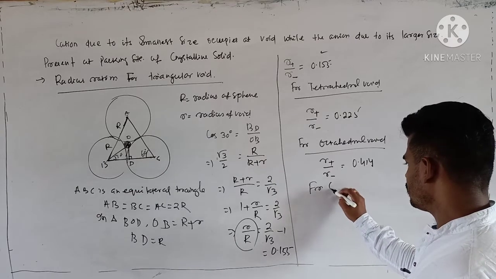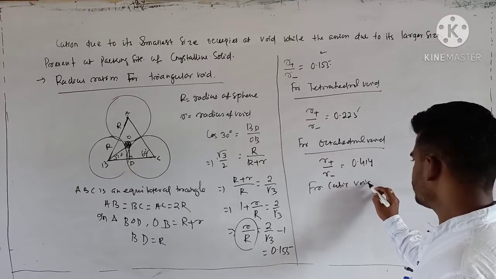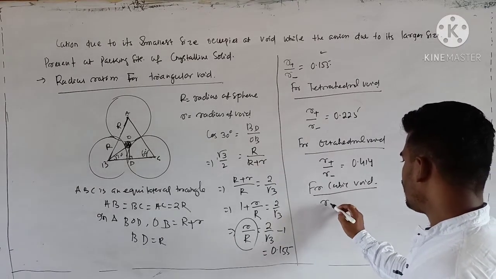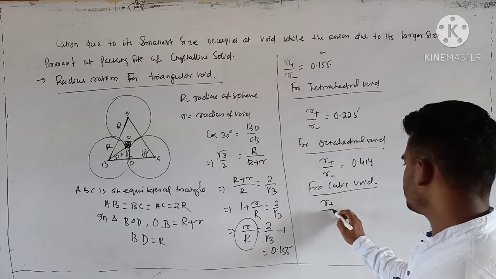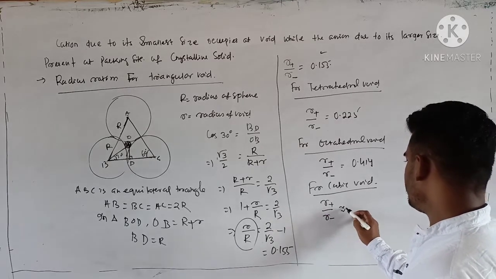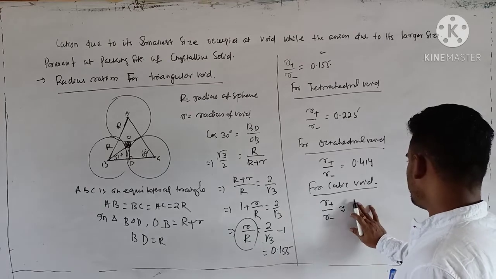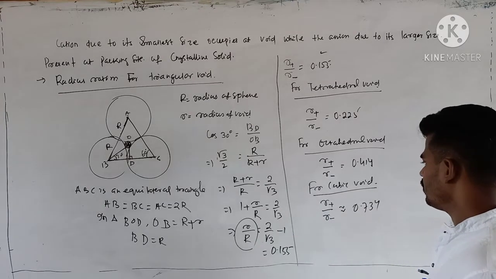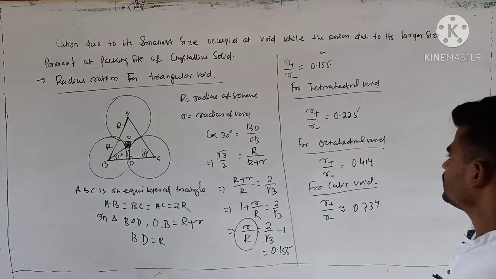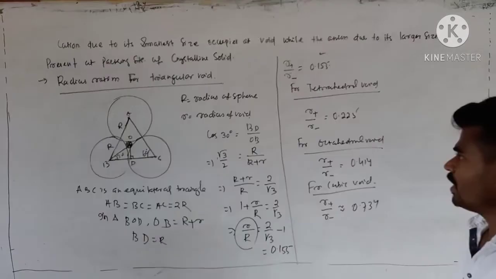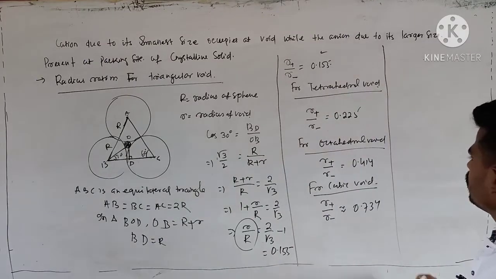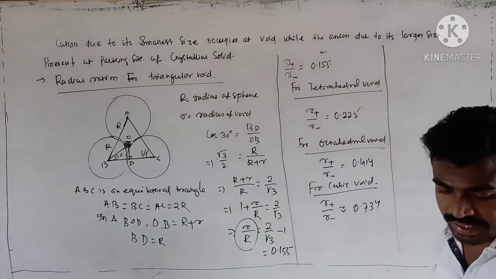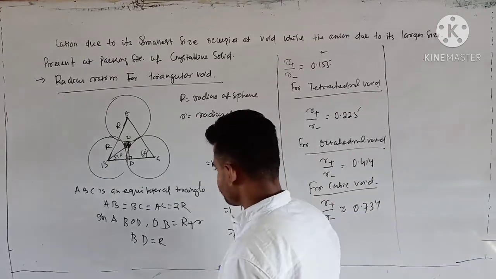Next, for a cubic void, r plus upon r minus equals 0.734. Is that clear? So the range can be calculated. You just remember this table, that is very important.